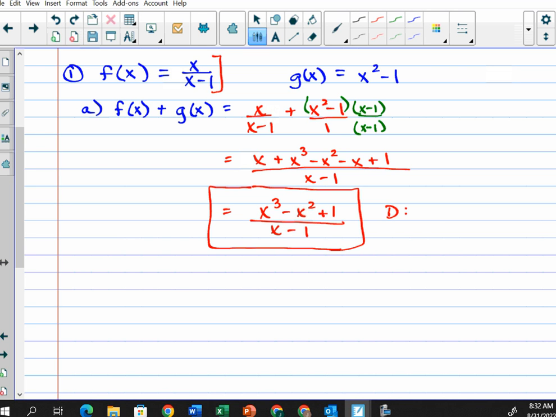We can never divide by 0. So when you're looking at domain, you can't divide by 0, and you can't have a negative number under your square root. Those are really the only two things you have to think about with domain. So we'll write it with interval notation. We'll say negative infinity to 1, union 1 to infinity. So just skipping over the 1.